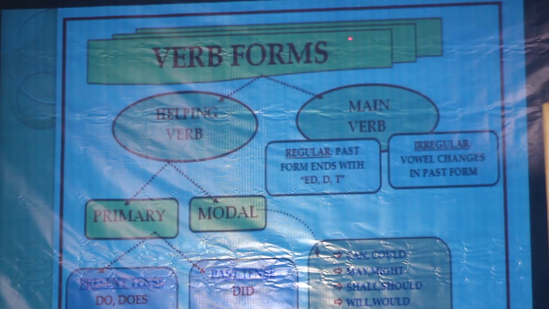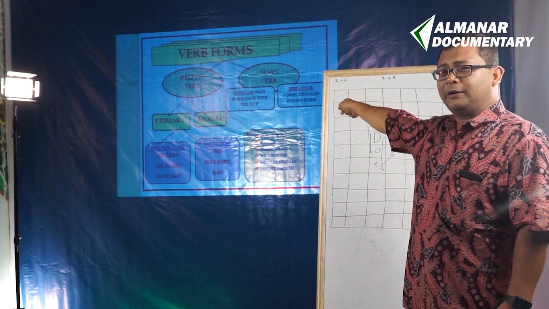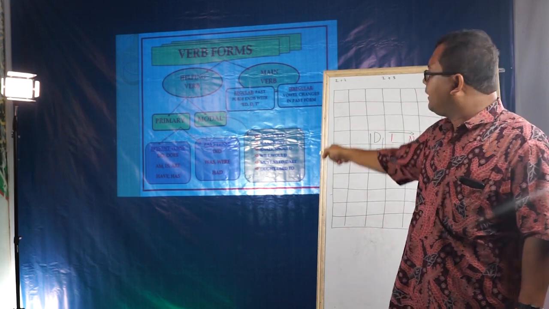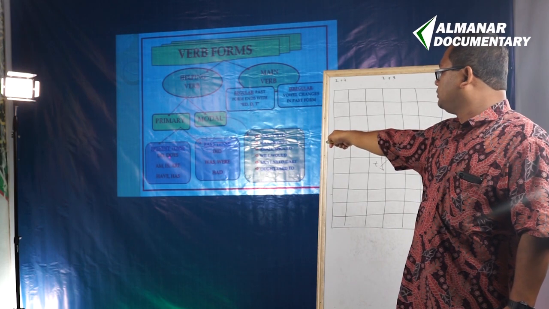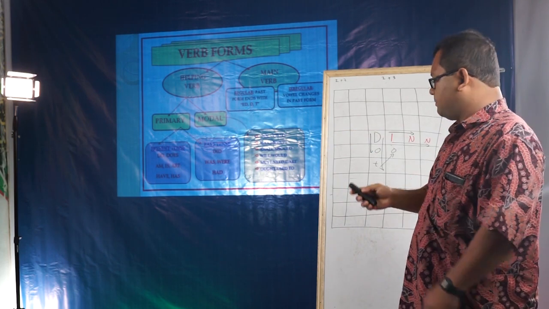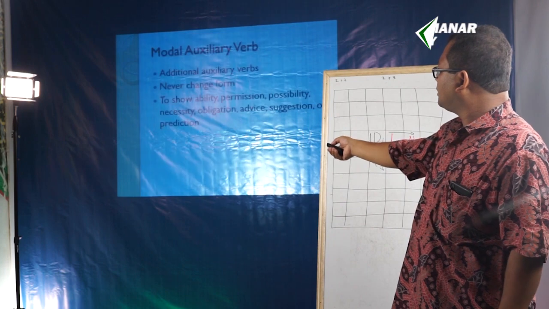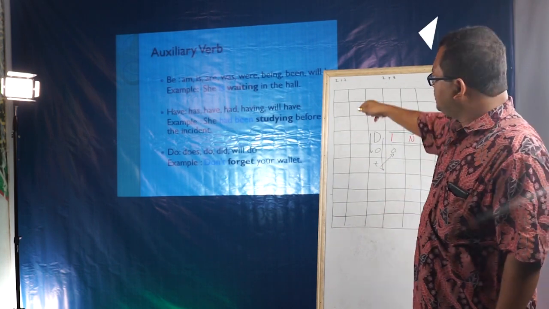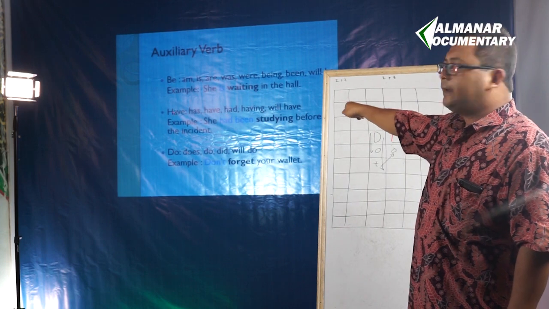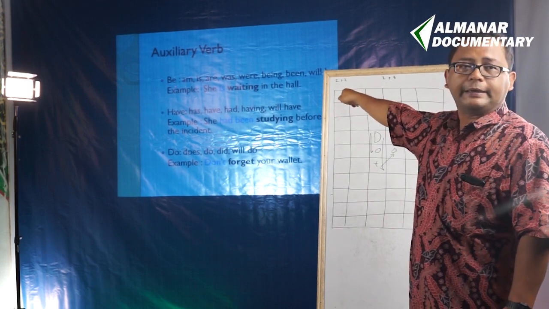This is actually a broad term of verb form. We have helping verbs, which are auxiliary, meaning auxiliary verb means helping verb. And we have primary, which is do, as I already showed you here before. Look. Auxiliary: do, yes, have, and also be.